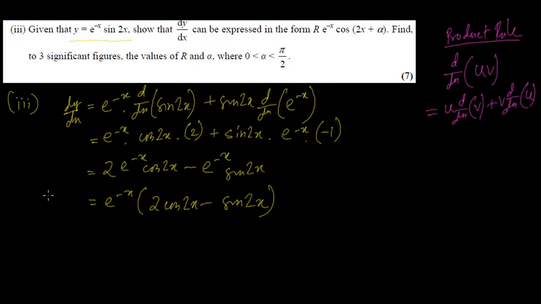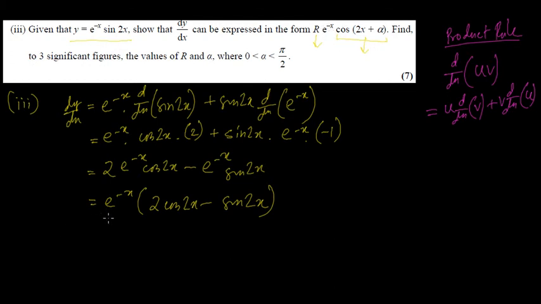Now the question is, we have to show dy by dx in the form of, if you pay attention, we have a capital letter R, a number, and we have this thing. E to the power minus x is the same.